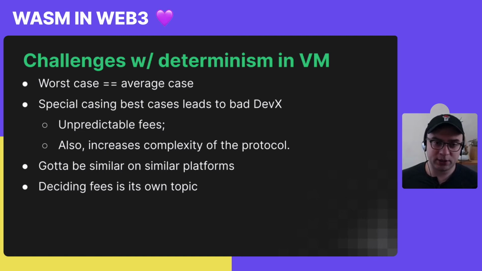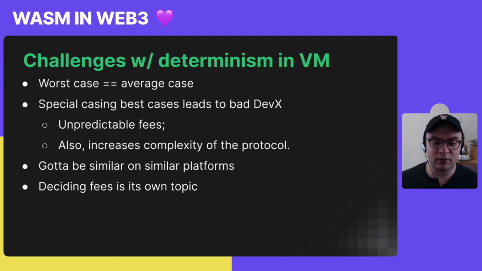You can try to special case the best case scenario and say, for instance, that if your contract doesn't hit some corner cases, then the fees are generally lower. Unfortunately, that leads to bad DevX. First of all, your fees might be unpredictable.